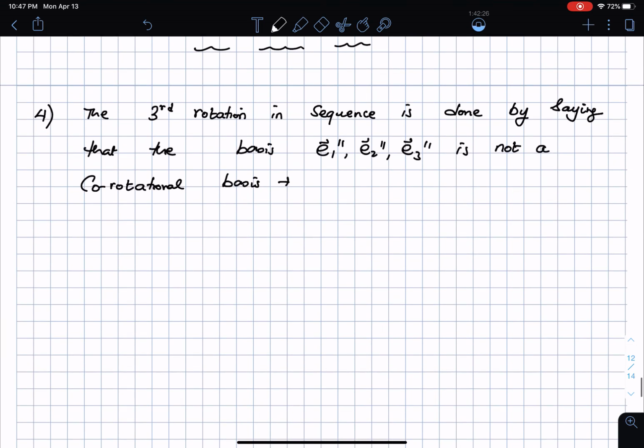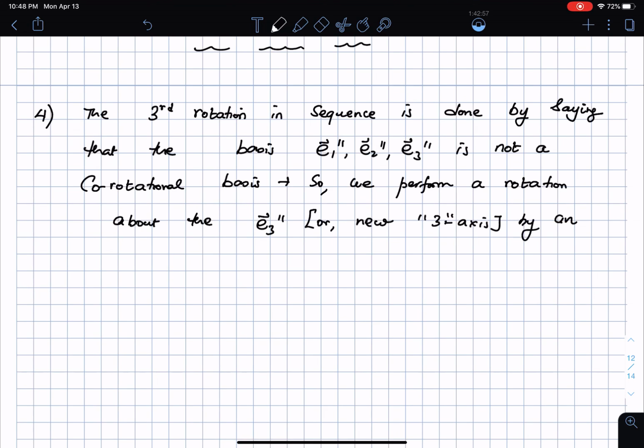Okay, and in this third rotation, we perform a rotation about, let's say, the E3 double prime, or the new 3 axis, by an amount psi dot, which represents the spin of the coin.